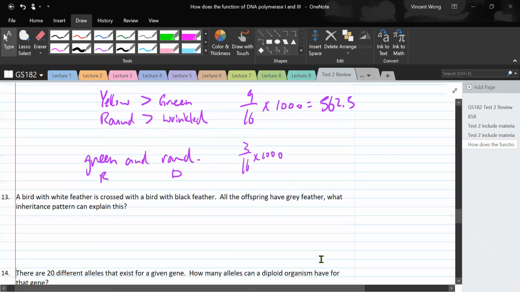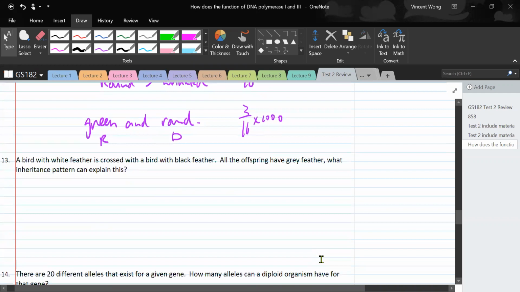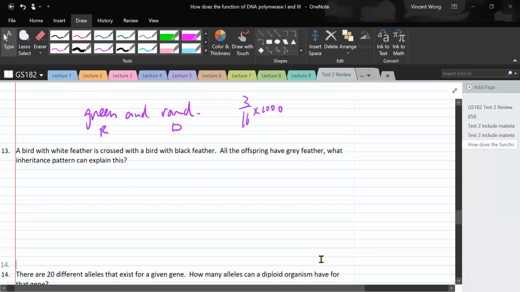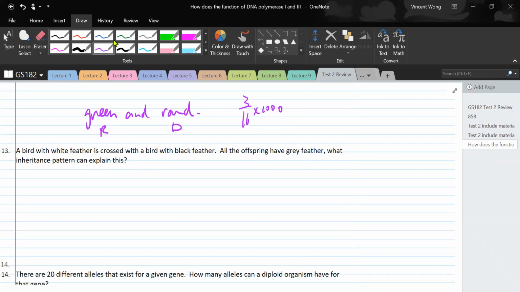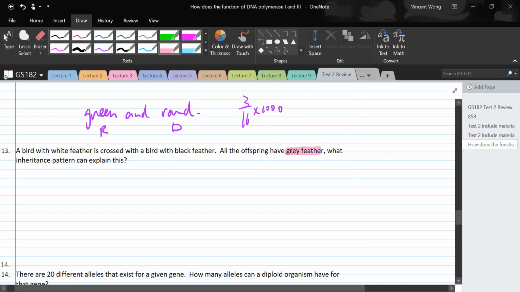Next, a bird with white feathers is crossed with a bird with black feathers. All offspring have gray feathers. What inheritance pattern can this be? Okay, so gray is an intermediate between white and black, right?